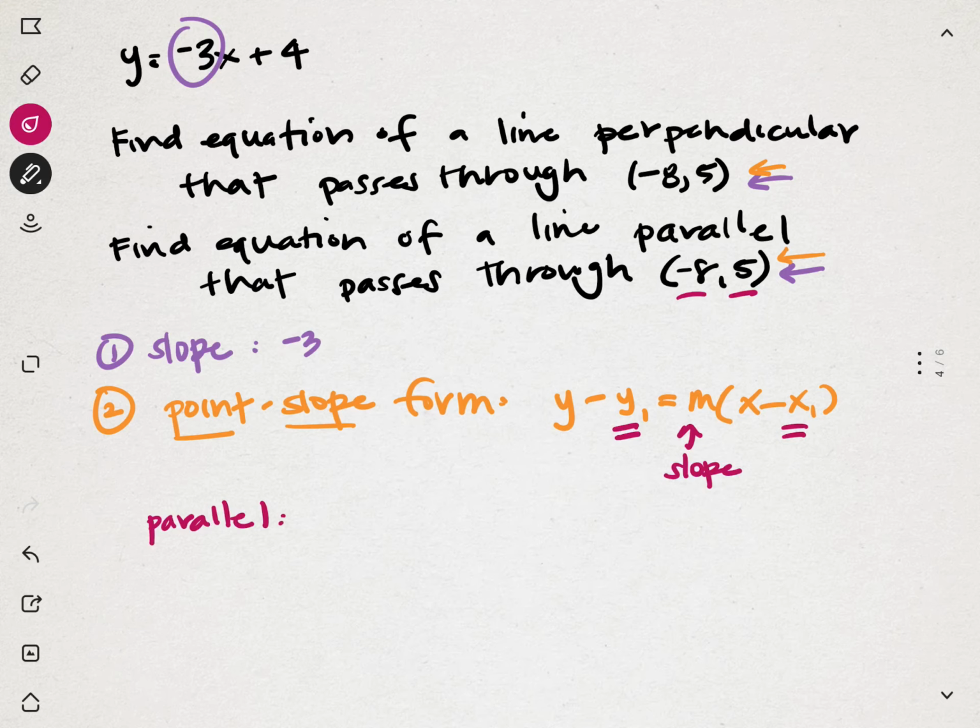So remember, y minus y1. So y minus the y from our point, I should say, is 5. So y minus 5 equals, well, the parallel slope is going to be the same, so that's going to be negative 3x minus negative 8.